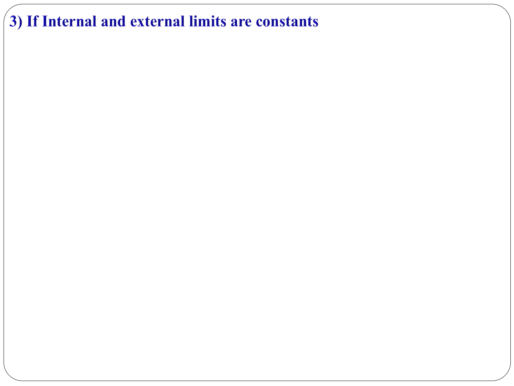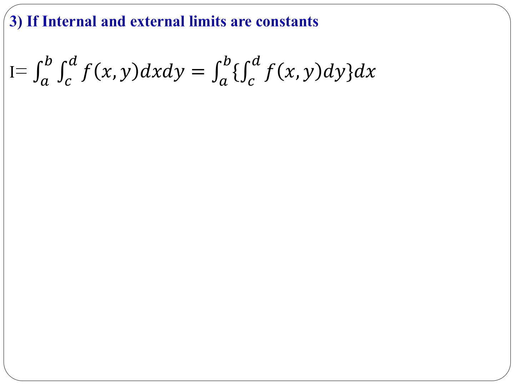So the third type is when internal and external limits are both constants. If your integral is given as integral a to b, integral c to d, f(x,y) dx dy, I already told you, if both limits are constant, the order should be from right to left. That means we integrate first with respect to y and then with respect to x.